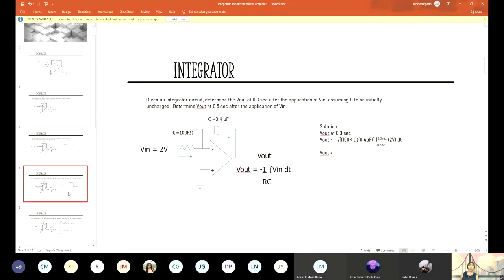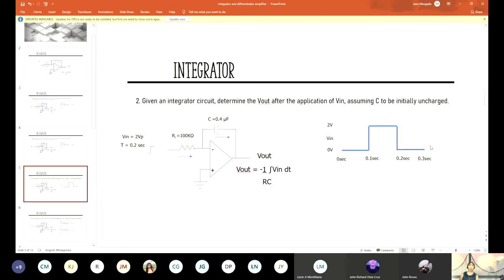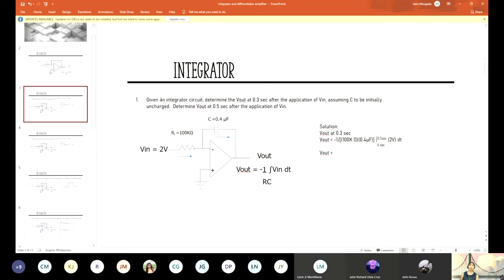If you have a waveform like this, this is also AC: square wave, sinusoid, triangular wave. As long as it is going back and forth, that is AC. Integrator and differentiator can have either AC or DC.